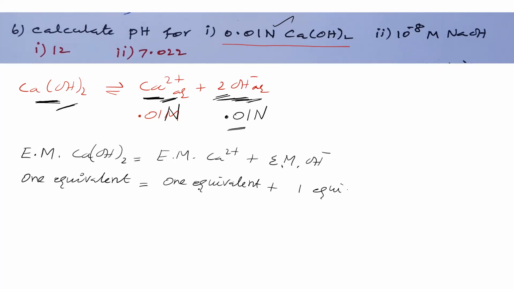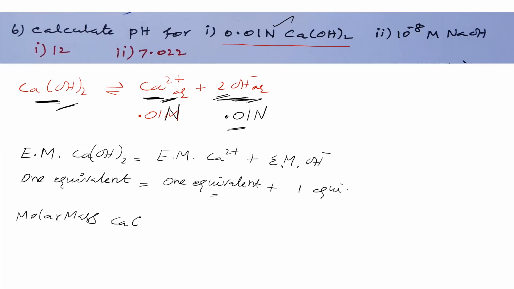That's why the word equivalent is given. So don't go by balanced stoichiometric coefficients. We have said one equivalent of calcium hydroxide is equal to this. Suppose in terms of molecular mass, how do we say it? That also we'll see. We say molar mass.